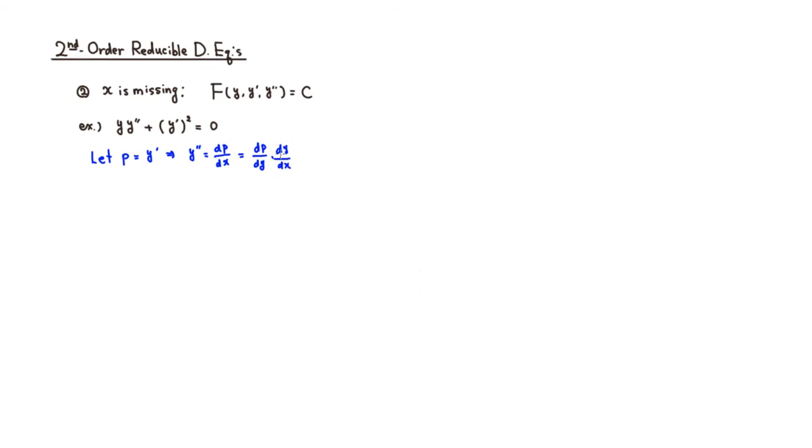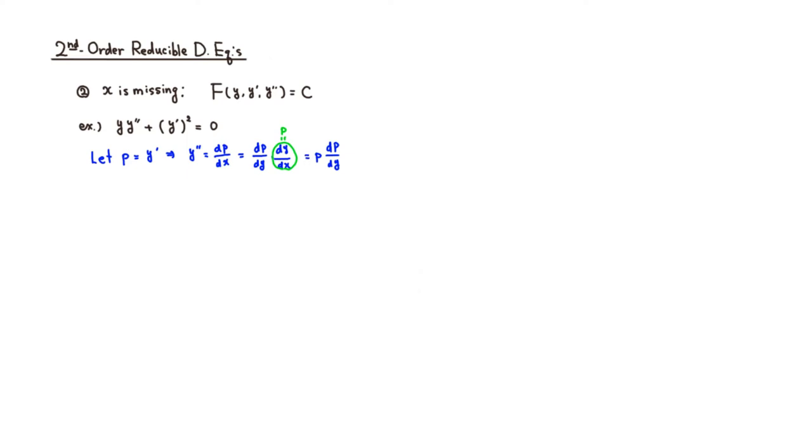So dy over dx is just y prime, which is p. So that way we can write y double prime as p times dp over dy.